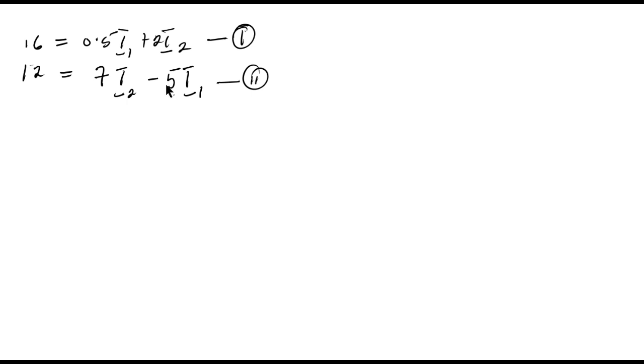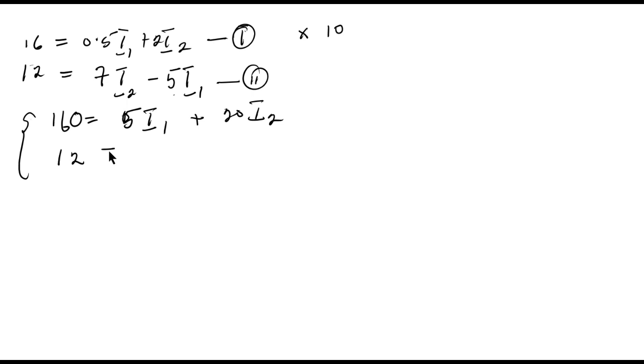Now, I'll multiply equation 1 by 10 and add both equations together so that my equations look like this. 16 multiplied by 10, that's 160, is equal to 5 I1 plus 20 I2. Then equation 2 should be 12 is equal to -5 I1, I'm rearranging, plus 7 I2.